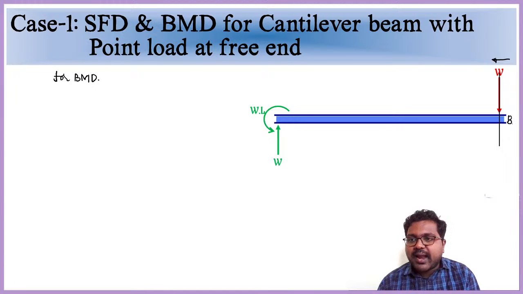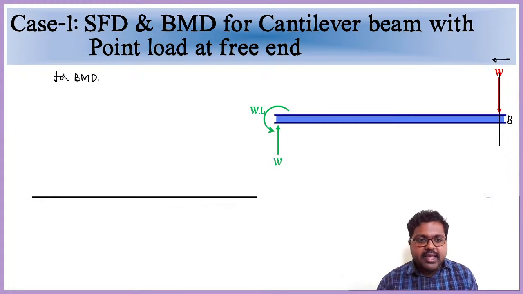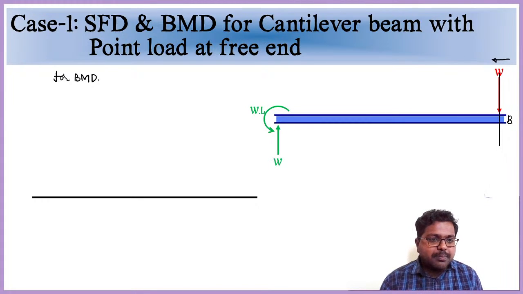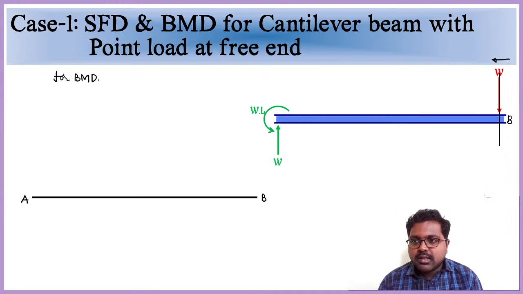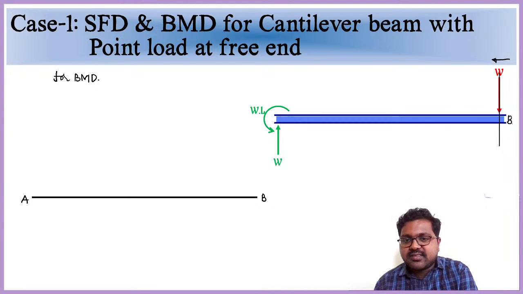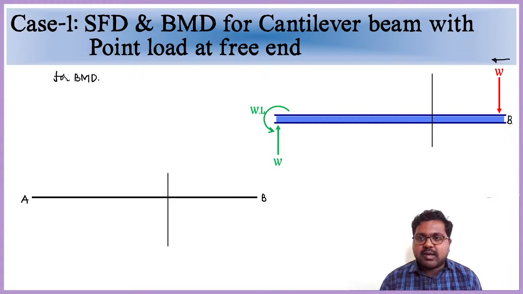At this point from the right hand side, I am considering there are no forces and there are no moments acting here. So if we take this figure like a baseline, if we have taken AB, then on B, there are no forces and there are no moments. So it is 0.